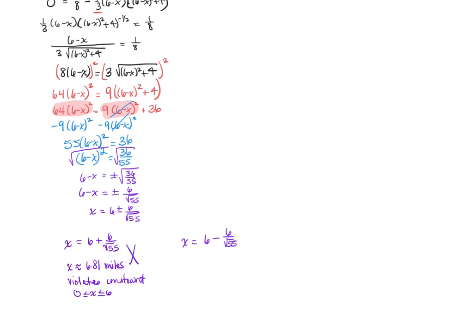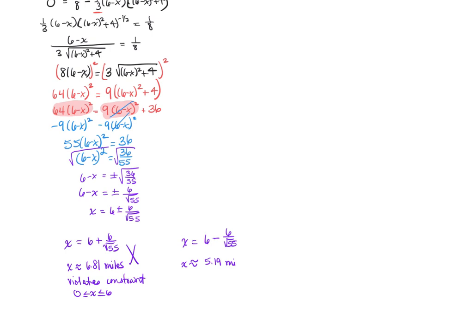So this is not going to work. So let's try the other one. 6 minus 6 over the root of 55 is approximately 5.19 miles. That certainly fits within our domain.